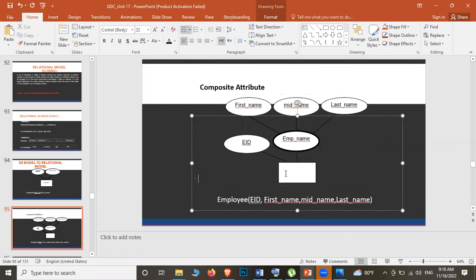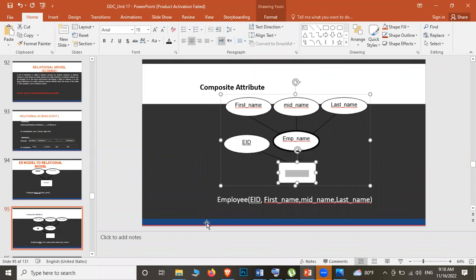Now you tell me what could be here. Entity එක ඇතුලේ මොනවද තියෙන්න පුළුවන්? What could be here? It's Employee, right? Employee, very good Pulasti.